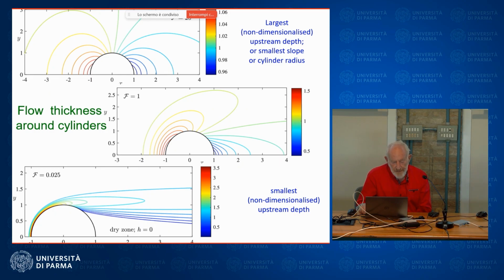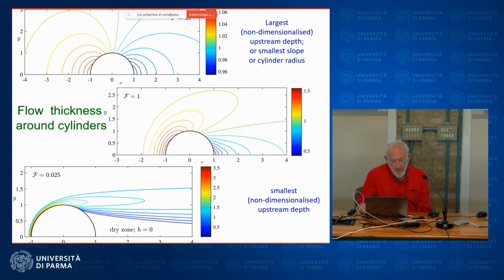Now, what happens if we make the topography a cylinder, because that's going to be easy to do in the laboratory and also gives you some indication. But you can have different values of F, in other words, different values of the flow upstream.